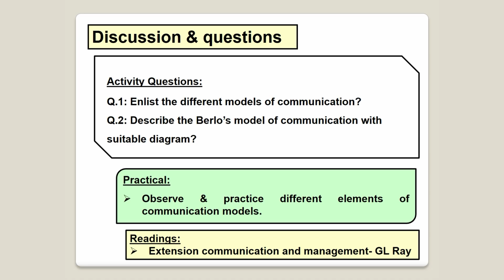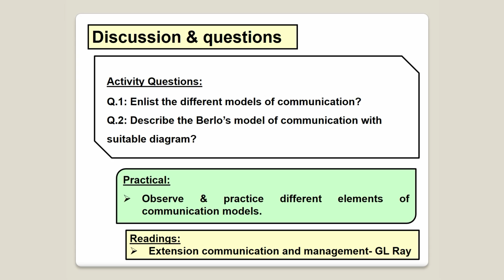You can describe all these components: what is the source, what is the message, what is the channel, and what is the receiver. In this way this question will be answered. As for practical work, you can observe and practice different elements of communication models in different domains, during your professional communication, or any place or locality where you are learning this type of information.